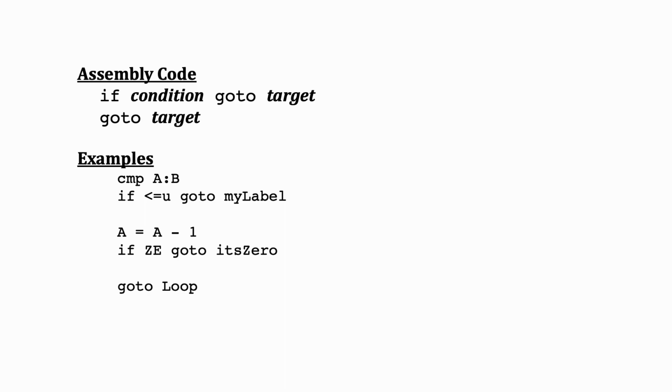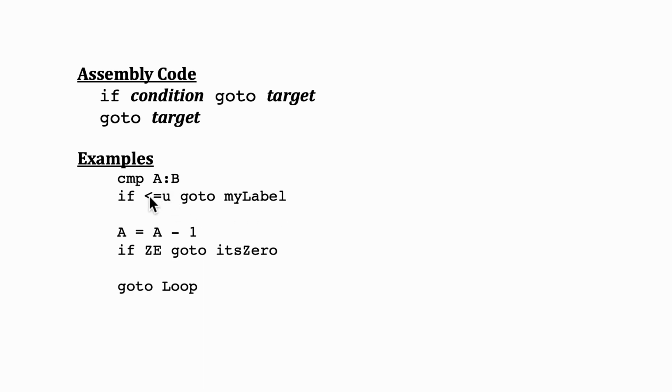So next, let's see how the conditional branch instruction would actually be coded in an assembly language program. Here are the general forms of the conditional branch instruction and the unconditional variation. In this example, we see a compare instruction followed by a conditional branch instruction.